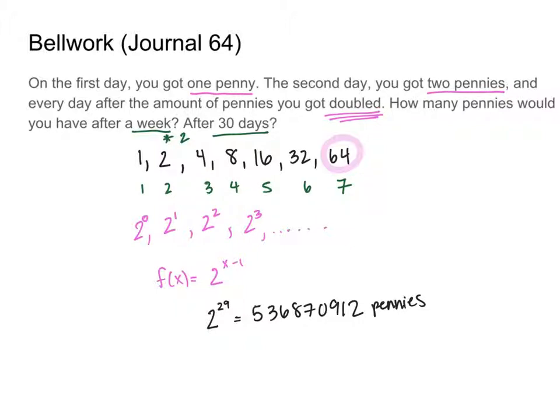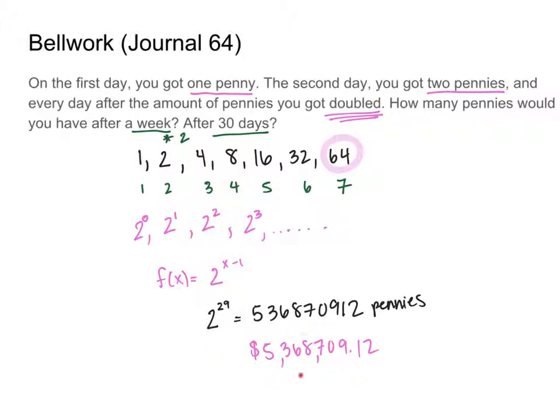So that would give me 5, 3, 6, 8, 7, 0, 1, 9. Okay, let's take a look at this number here. It means that after 30 days, I got 5,368,709.12. That's a lot of money there. So after you double your amount of pennies, this is how much you would get on the 30th day.